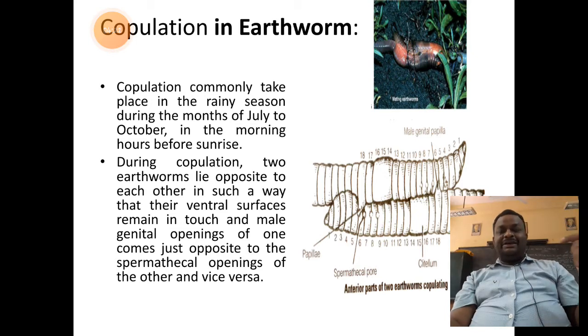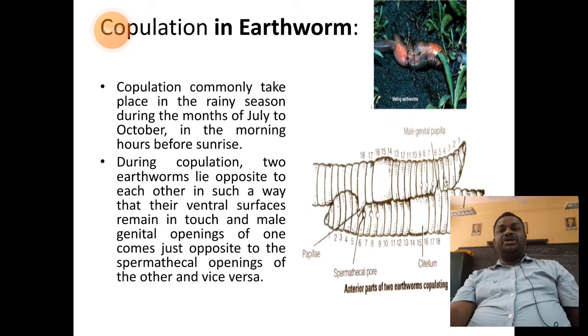Also, segments 5, 6, 7, 8 and 9 of one of the organisms are placed opposite to the clitellum or even the 18th segment of another.